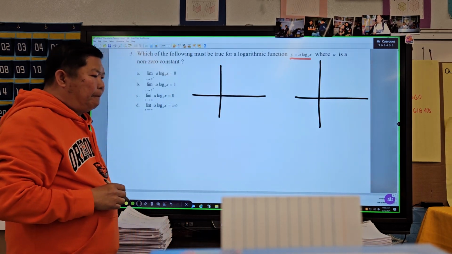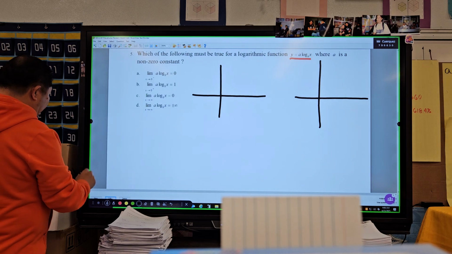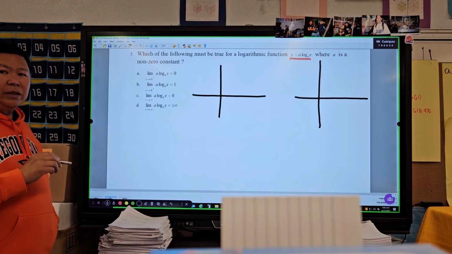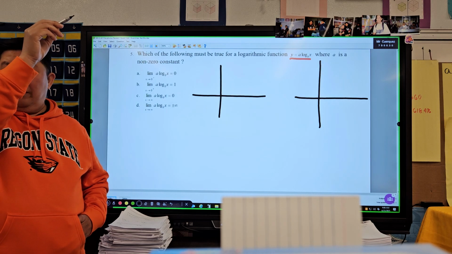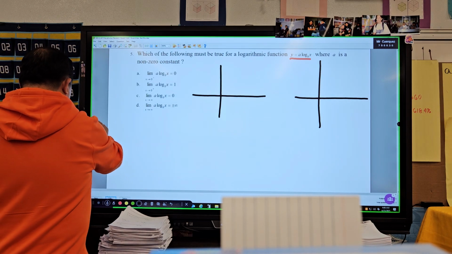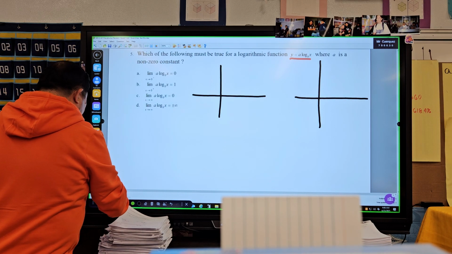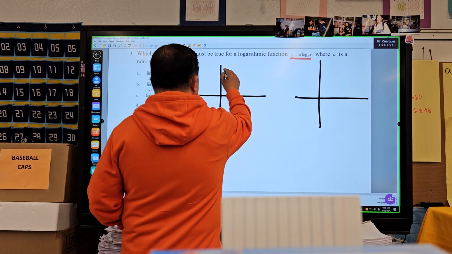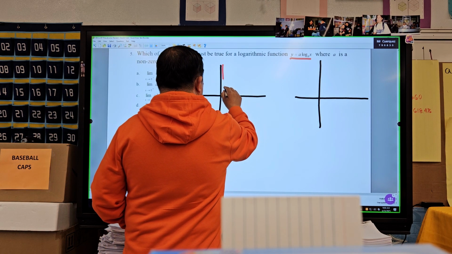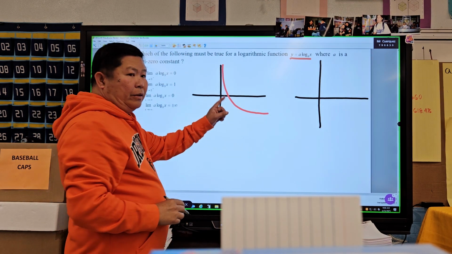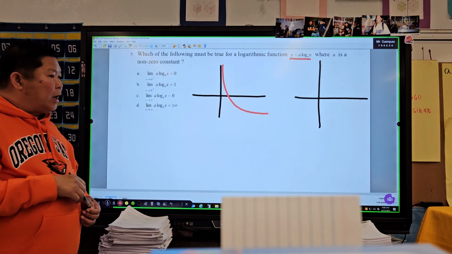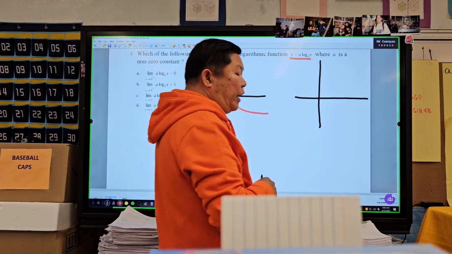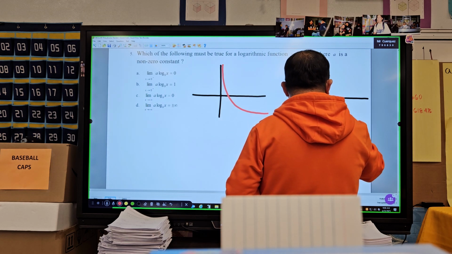Now, we're going to consider a logarithmic function. Two graphs right here. The first graph is this logarithmic function graph, right? And another graph of a logarithmic function is this way.